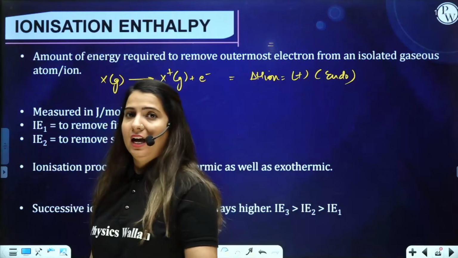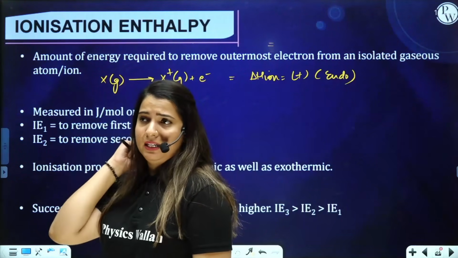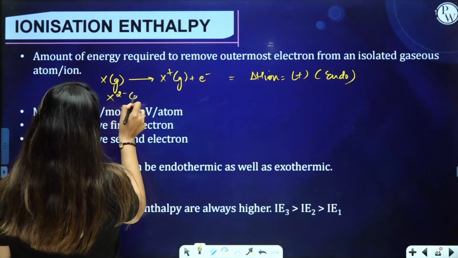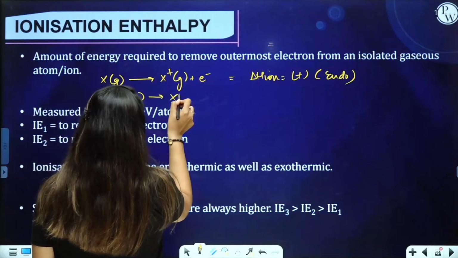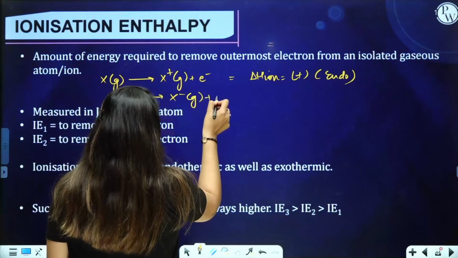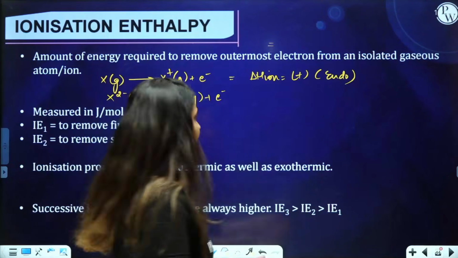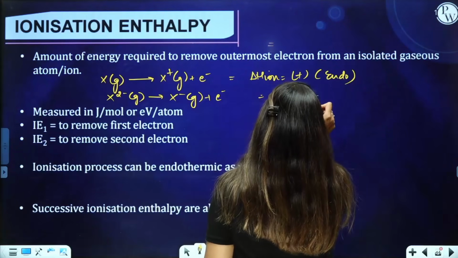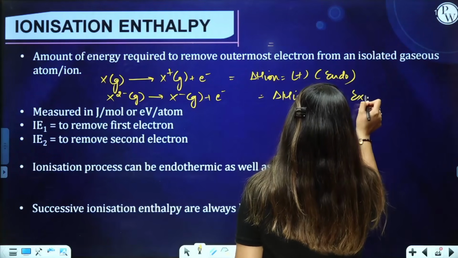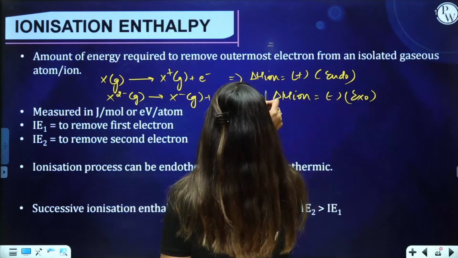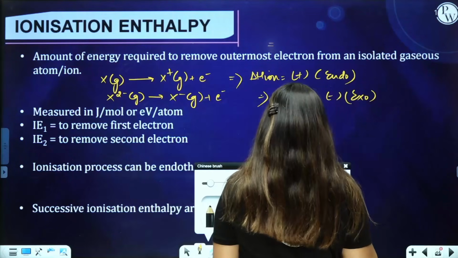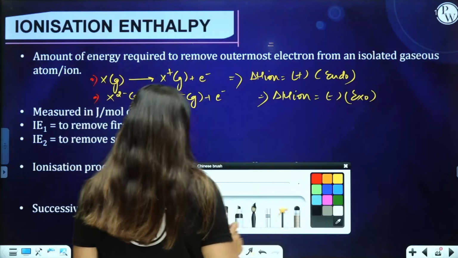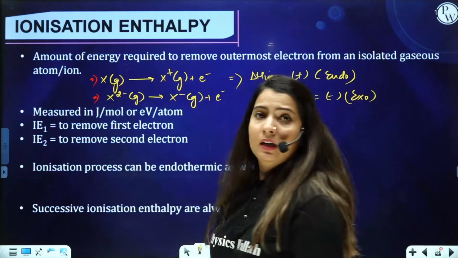But not all ionization processes are endothermic. Let's say I have an anion, X2 minus gaseous. If I remove an electron from this, I don't have to supply any energy. So please do not have any doubt that always and always the ionization process is endothermic.